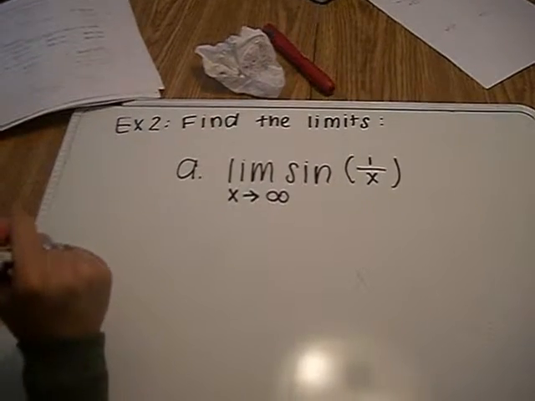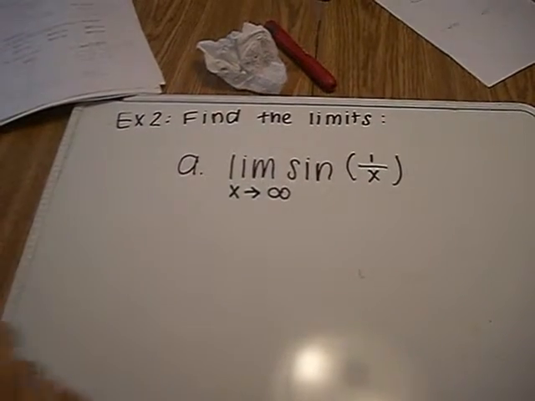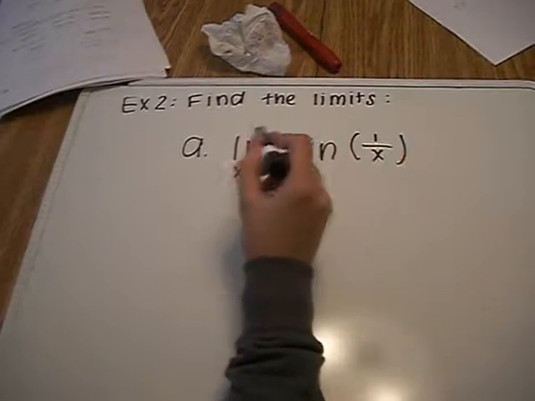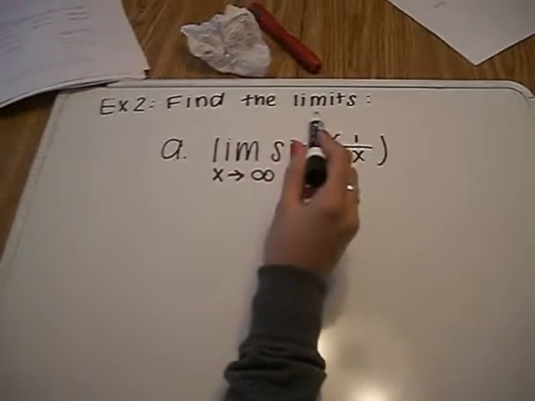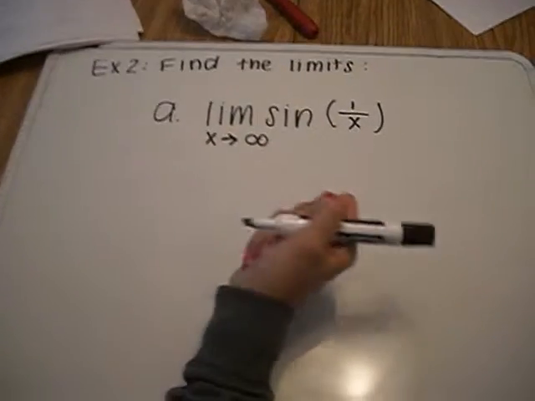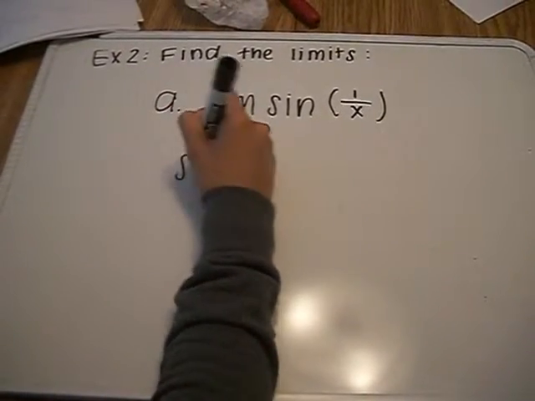In case you don't understand what that theorem meant, we're just going to jump right into a problem. So the first example problem is the limit as x approaches infinity of sine of 1 over x. From the last theorem, we figured out that we can take sine to the outside.